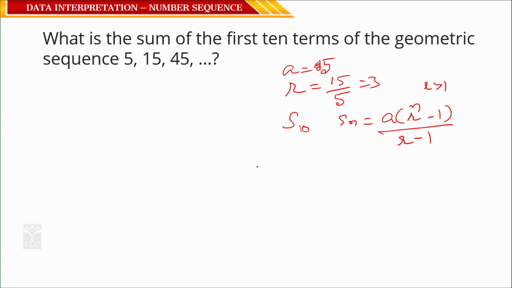Okay. So, S10: A is 5, r to the power of n, which is 3 to the power of 10, minus 1, by r minus 1, which is 3 minus 1. So it is 5 by 2 of (3 power 10 minus 1). This is the value.